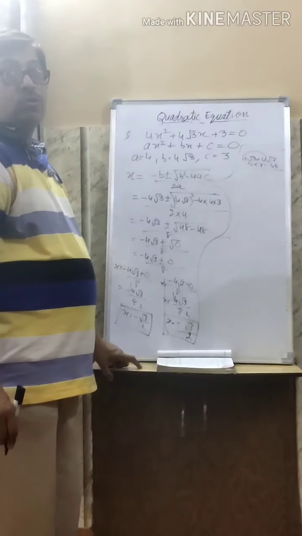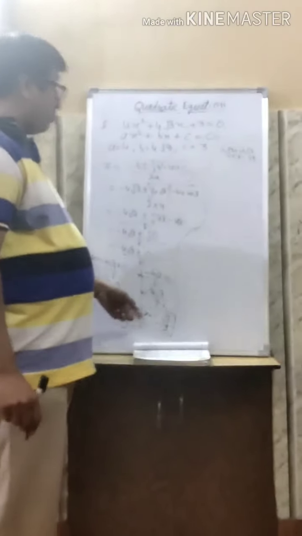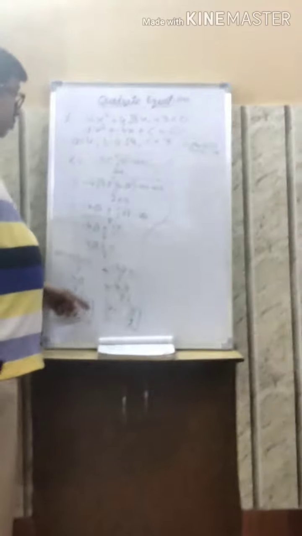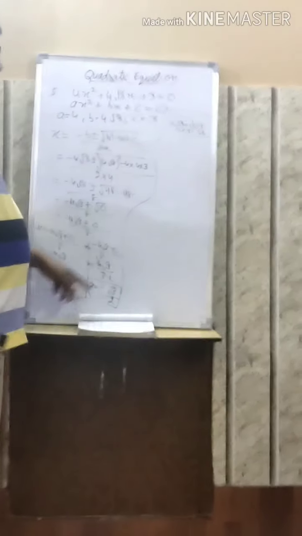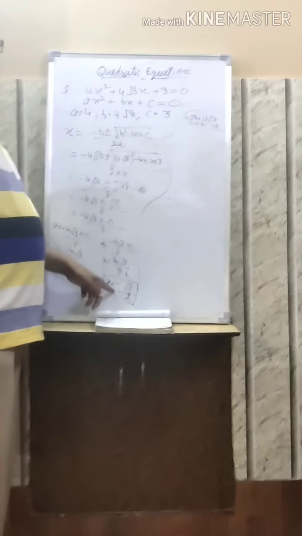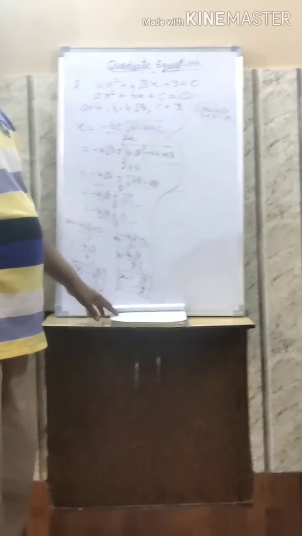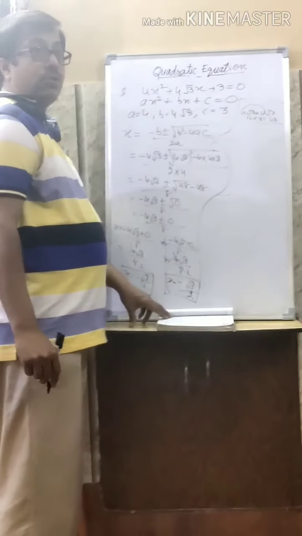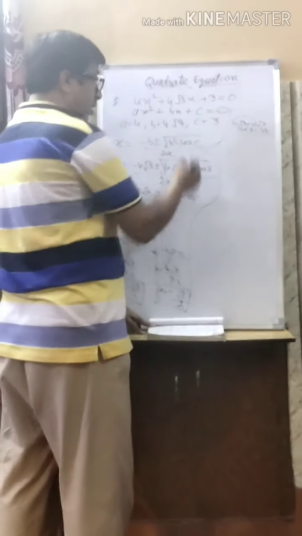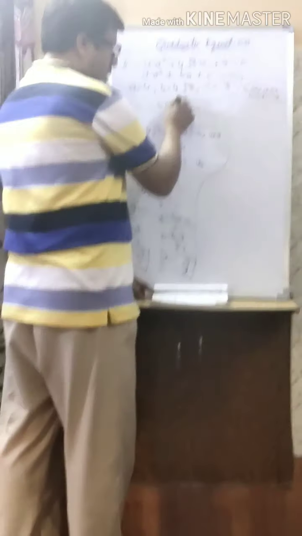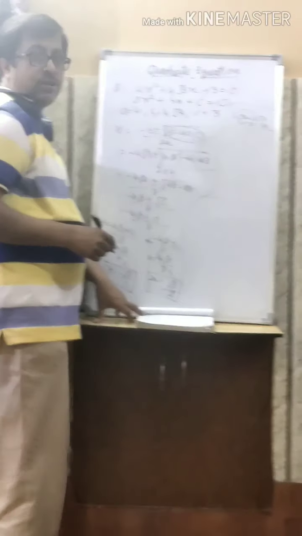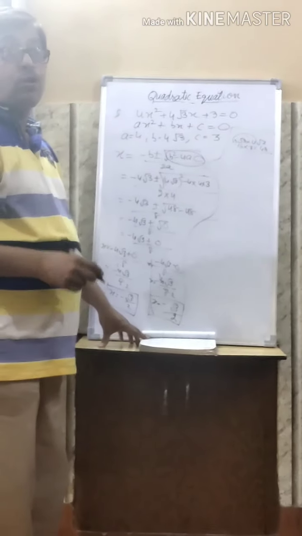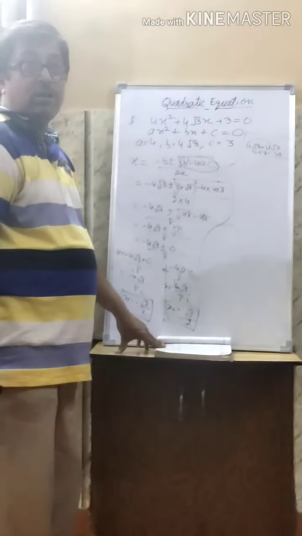Hear this. So my dear students, before starting the question also, I can tell whether the roots will come distinct or different. Tomorrow we'll do this. So how can I tell the roots are different, equal, or maybe not possible?